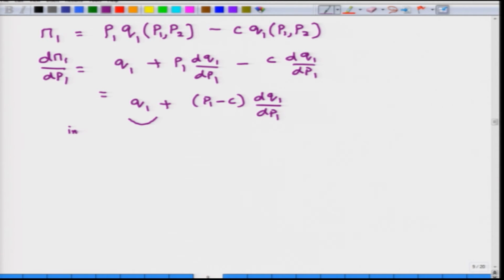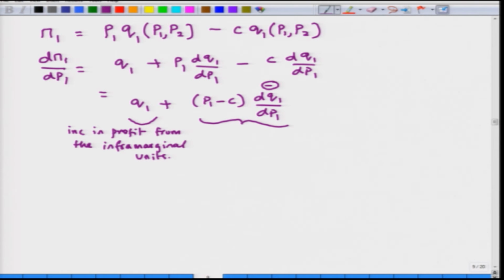So, increase in profit from the inframarginal units, which are Q1 in total, right. The second term, which is actually negative because dQ1/dP1 is negative because the demand curve is downward sloping, tells us the reduction in profit from the lost sales, right.